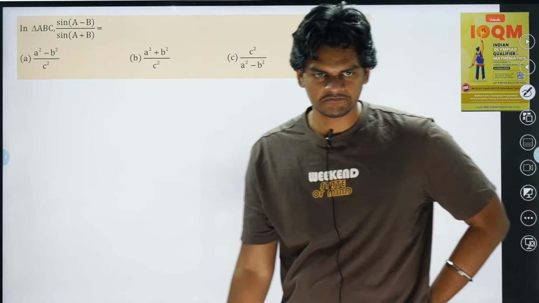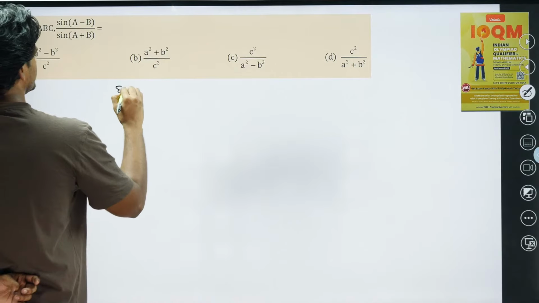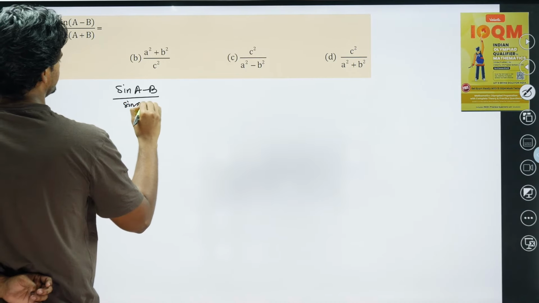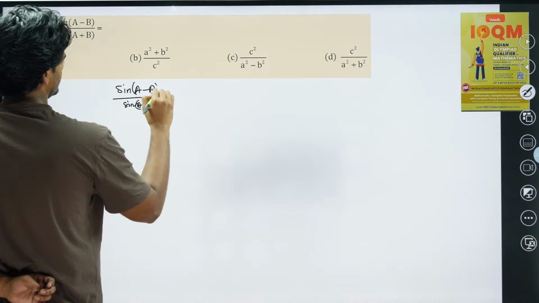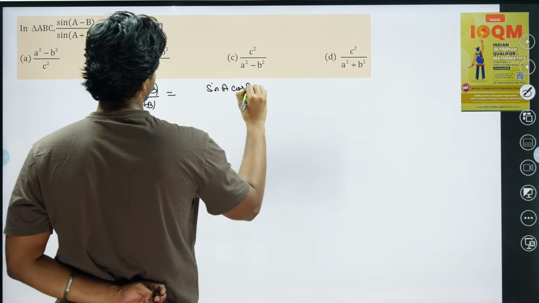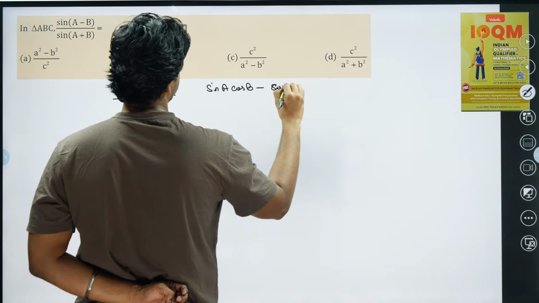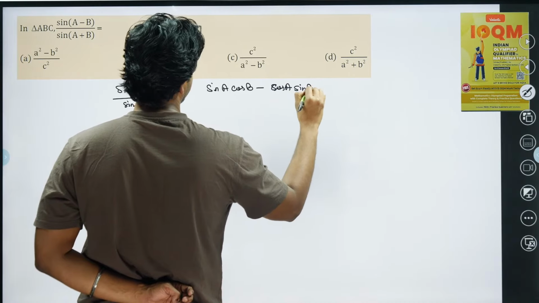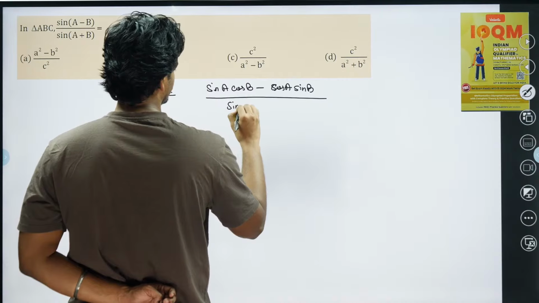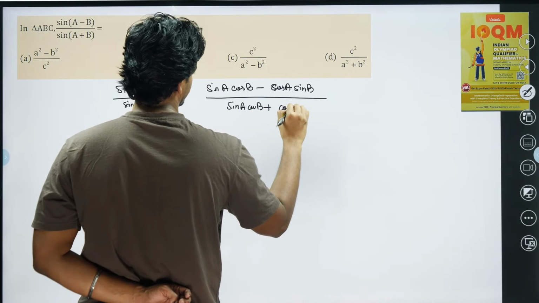I think so too. I don't remember the answer, so let's see. Sin A minus B by sin A plus B is sin A cos B minus cos A sin B by sin A cos B plus cos A sin B.